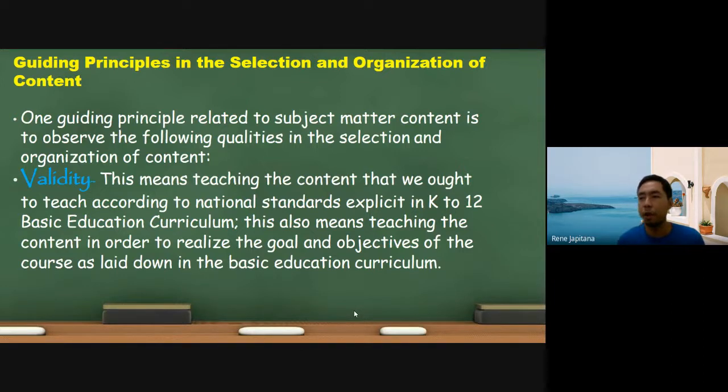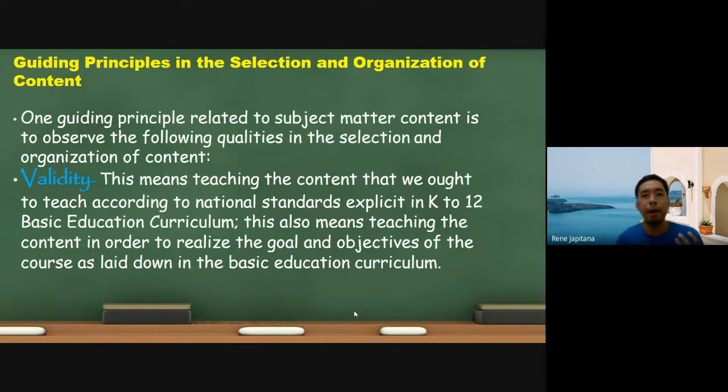They just go to the classroom and teach what they have prepared, or in the worst case scenario, they have not prepared and they just go to the whiteboard or blackboard, get the pen or the marker, write everything, and then have the direct instruction. We ought to follow the national standards. This is our Bible as a future teacher, the K to 12 basic education curriculum.